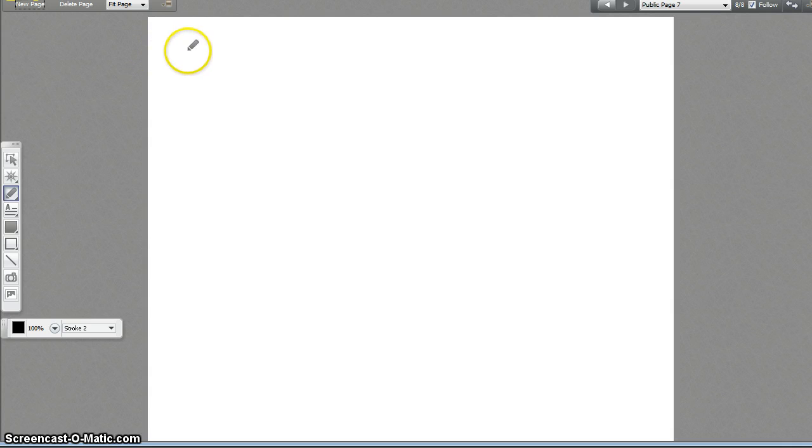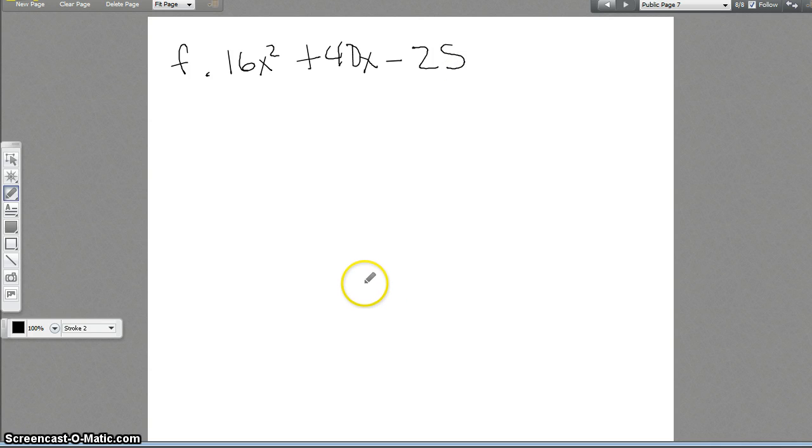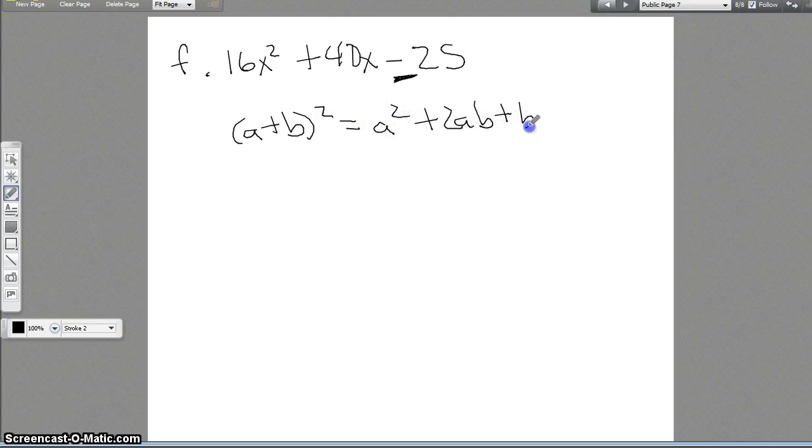The next one we're going to look at is part F, which is 16x squared plus 40x minus 25. This one cannot be written as the square of a binomial. Why not? Because the sign in front of our last term is a negative. It has to end with a positive. Remember, a plus b quantity squared is a squared plus 2ab plus b squared.